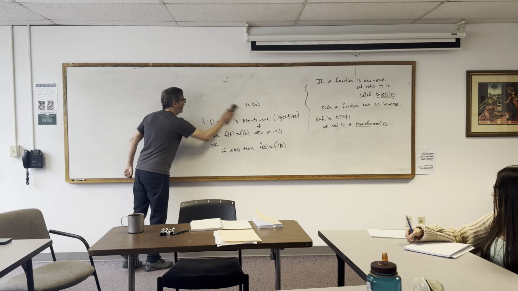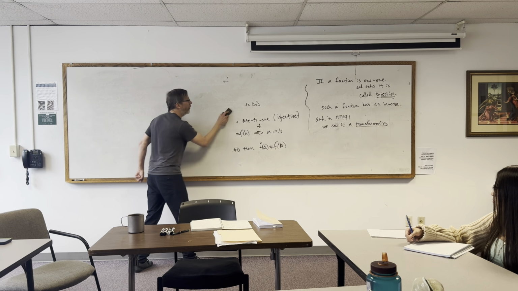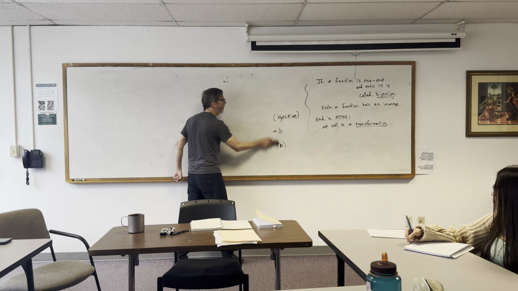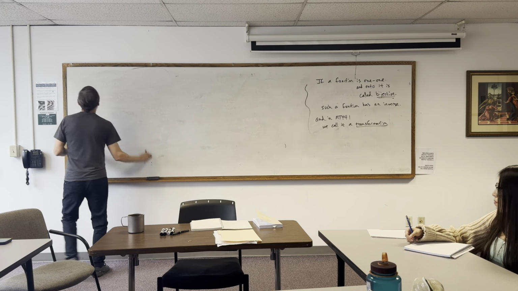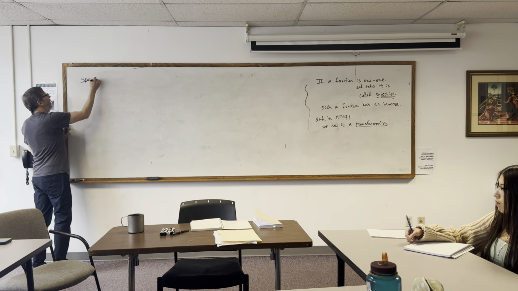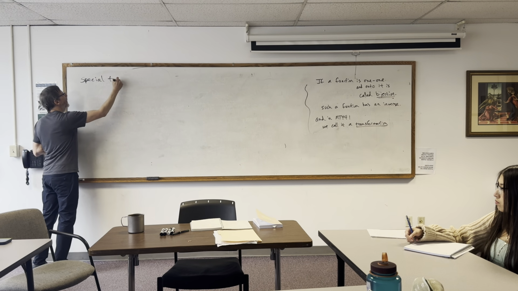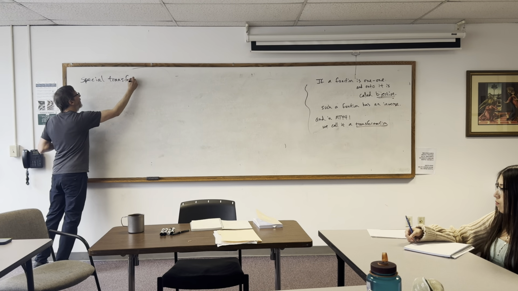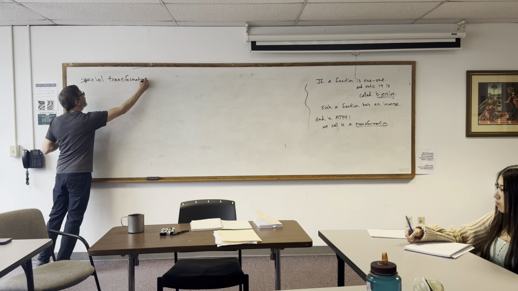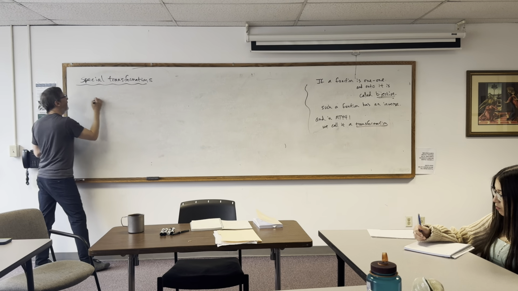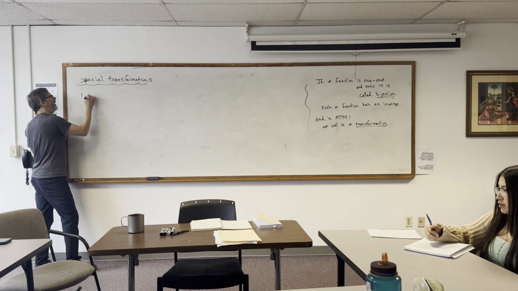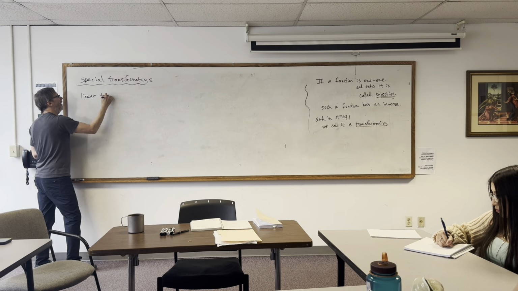Okay, so let's look at some special ones, and that's basically the rest of the stuff we're going to talk about today. Special transformations. And then we're going to build stuff with them, and it's going to be lots of fun. The first one is called a linear transformation.